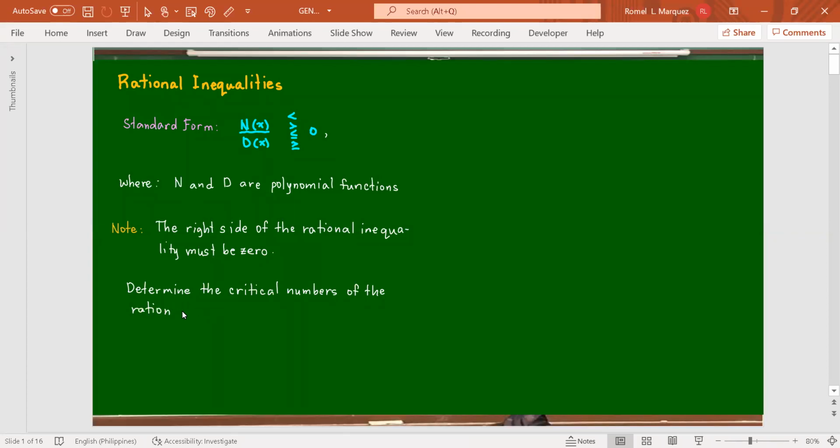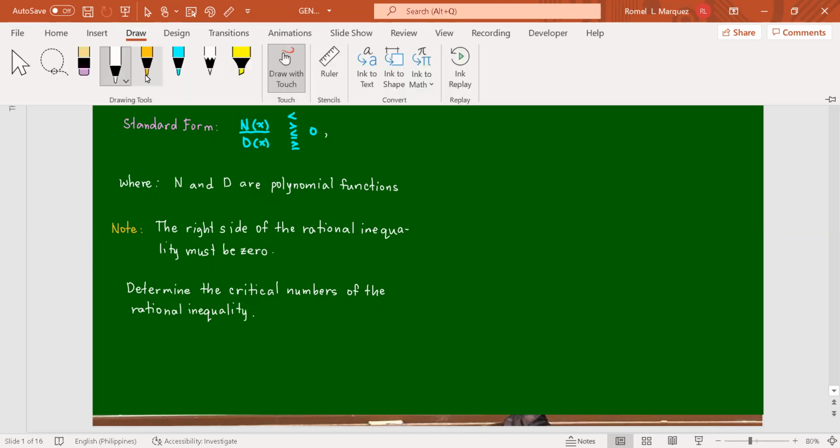What do we mean by critical numbers of a rational inequality? Guys, the numbers that will make the denominator 0, and also the numerator. Okay?